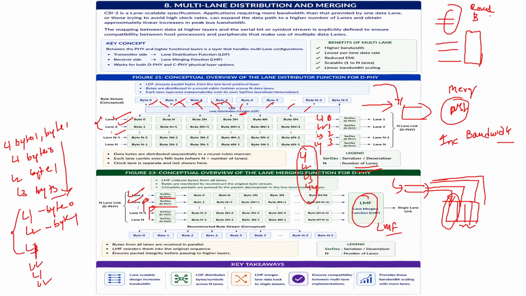It takes care of each lane, whether it has more or less bandwidth, by equally distributing all the data bytes. That is the linear bandwidth scaling it is doing here.